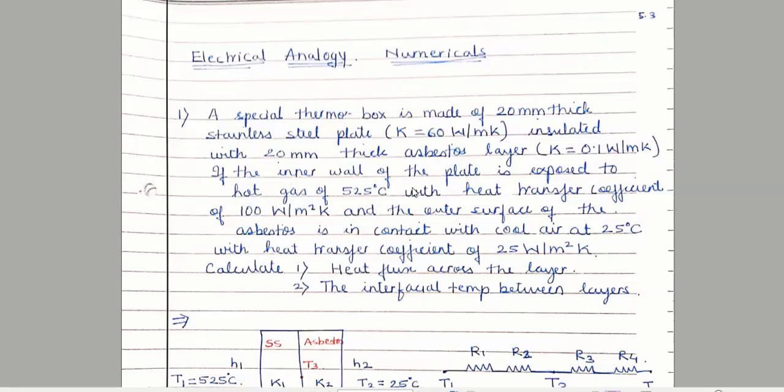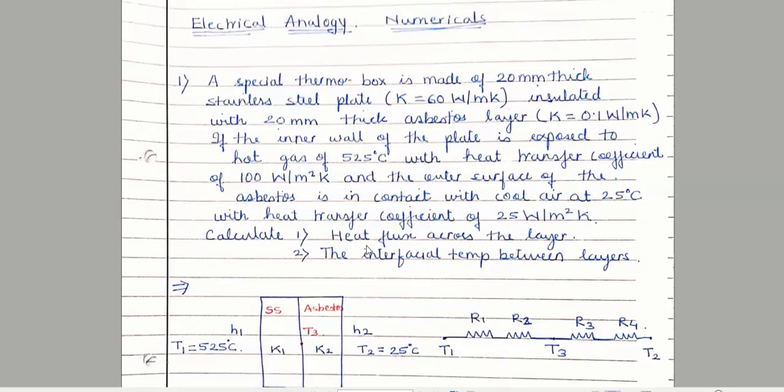Next, the inner wall of the plate is exposed to hot gas at 525 degrees with heat transfer coefficient 100 watt per meter square Kelvin, and the outer surface of the asbestos is in contact with cold air at 25 degrees centigrade with heat transfer coefficient h as 25 watt per meter square Kelvin. So this is the question.